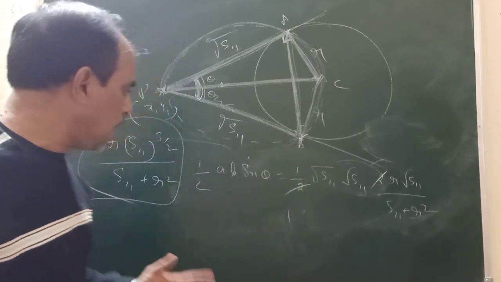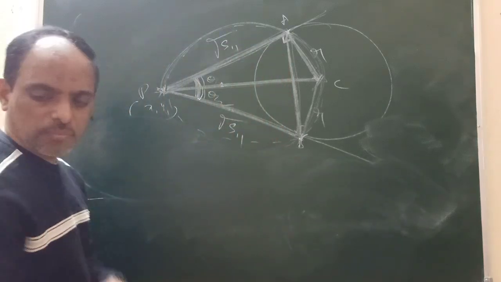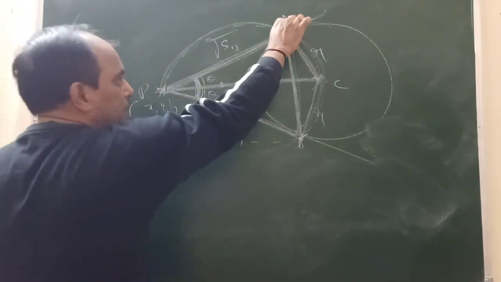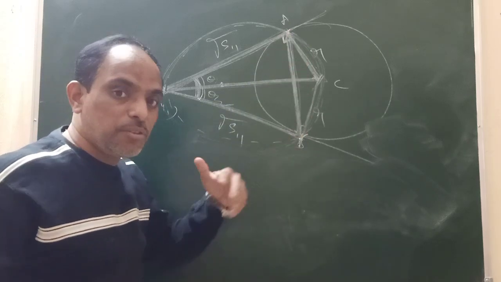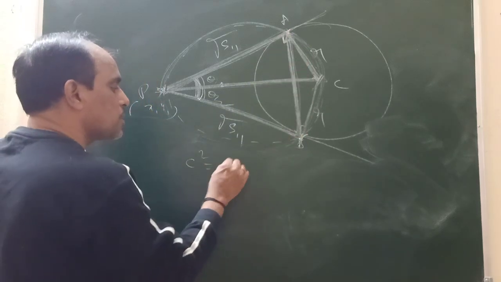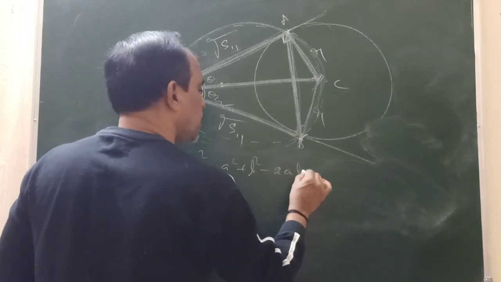Okay. And from this we can also find the side length of the chord of contact. We can find the length of this chord of contact by using the formula c square is equal to a square plus b square minus 2ab cos theta.